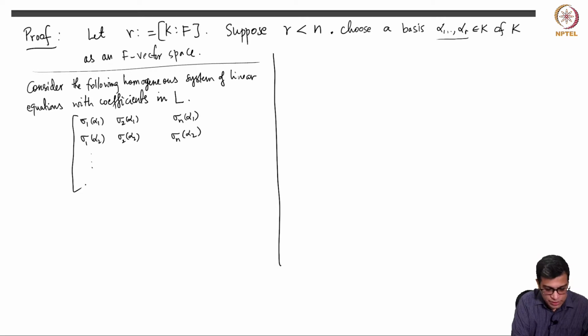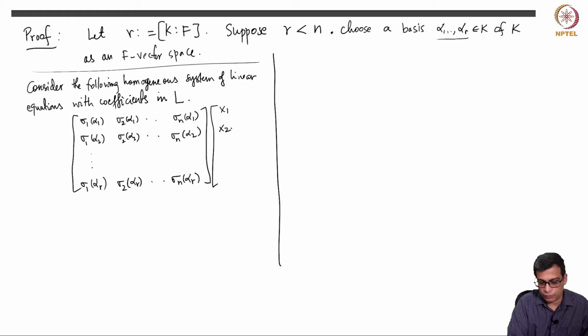And in the last row, I am going to fix alpha r: sigma 1 alpha r, sigma 2 alpha r, sigma n alpha r. So, this times a column of variables. So, this is n variables, right. I want this to be the 0 vector.